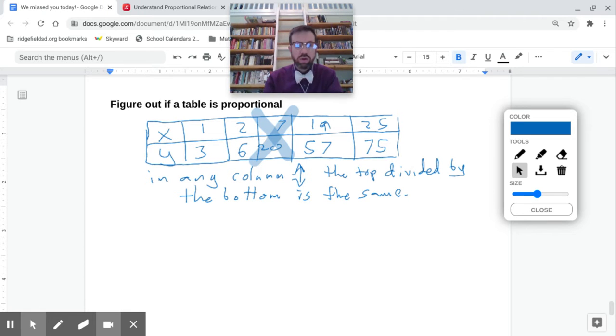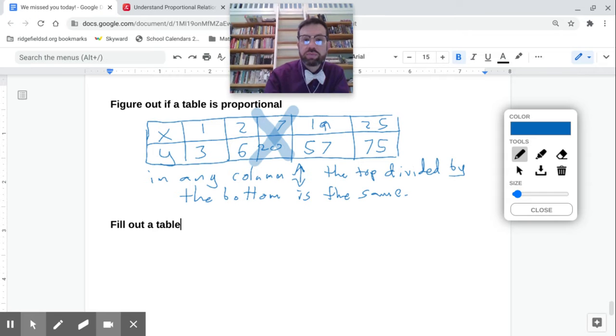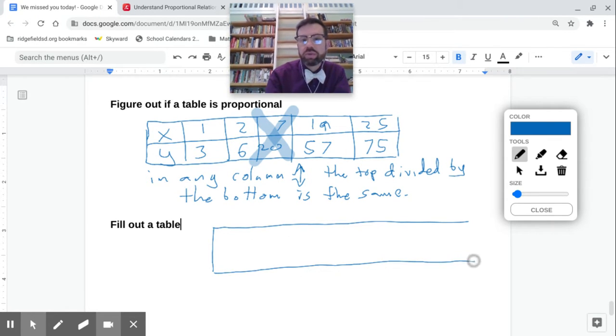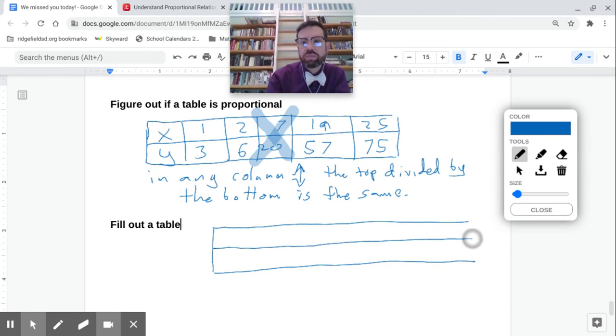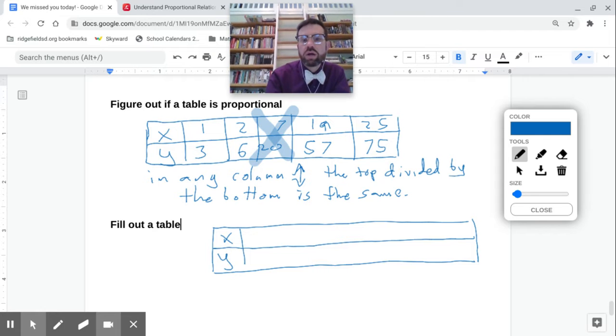Another thing we want to know how to be able to do is how to fill out a table. So once we know about proportionality, I can just draw another quick table. Again, I like to label my tables X and Y because reasons that we will get into tomorrow. 4 to 9, let's say, 2 to whatever, 8.